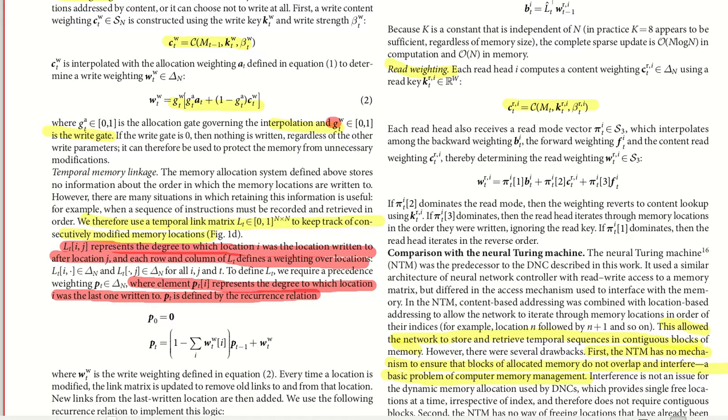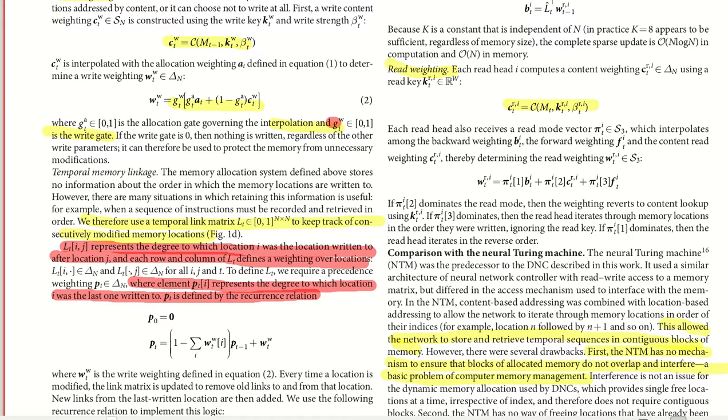L_ij represents the degree to which location i was the location written to after location j. This is basically the definition of what L is. If you think in terms of 0s and 1s, it's 1 if location i was written to after location j, and 0 otherwise, right?